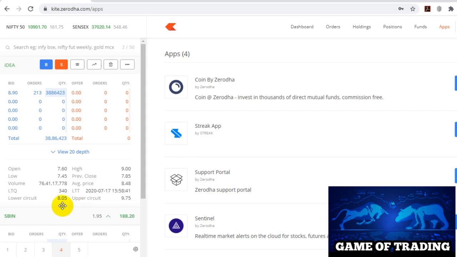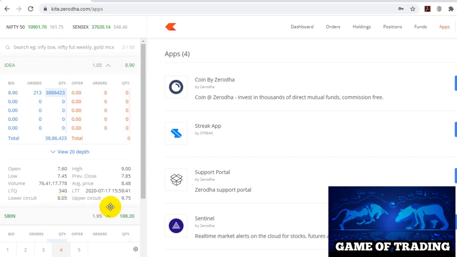When a stock continuously hits its upper circuit for a few days, the stock restricts its price movement by revising the circuit from 20% to 10%. Vodafone Idea share price lower circuit is at 8 rupees 5 paisa.